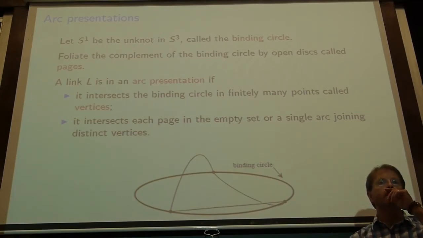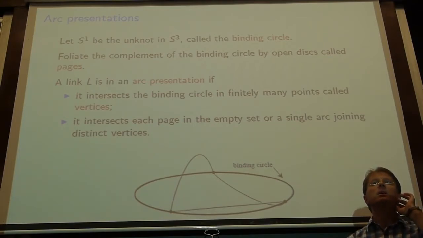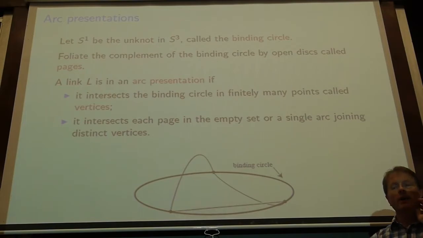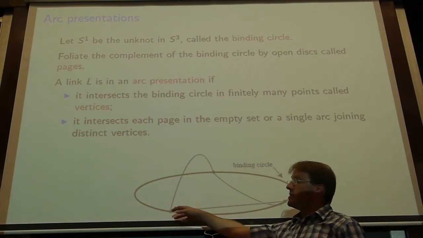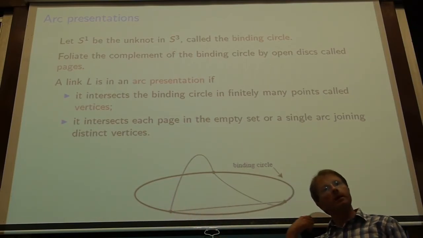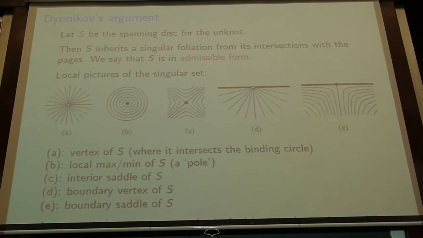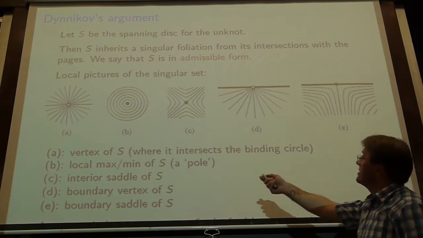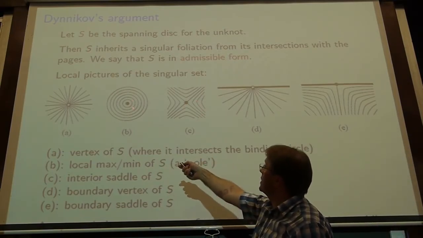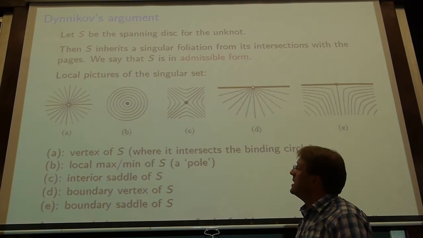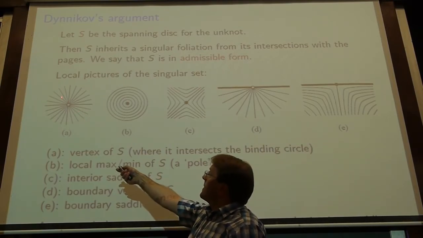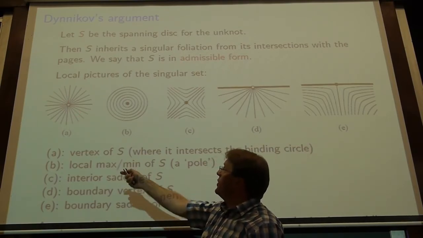Do we assume the disk is in general position, so that no portion lies within a single page? Yes, you have to put it in general position, and you have to be a little careful about what happens near the boundary. So you have a singular foliation, and some of the singularities are these Morse-type singularities: a local maximum or minimum, and a saddle. And then you have this type of singularity, which is called a vertex.